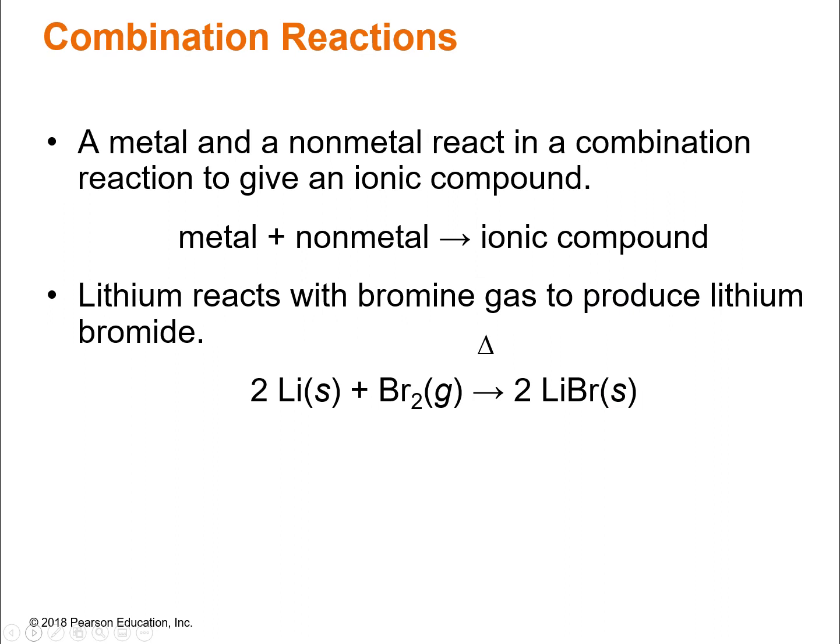Another combination reaction you can see is a metal plus a nonmetal, and they'll react to make an ionic compound. The example we have here is lithium reacting with bromine gas to produce lithium bromide. 2 reactants.